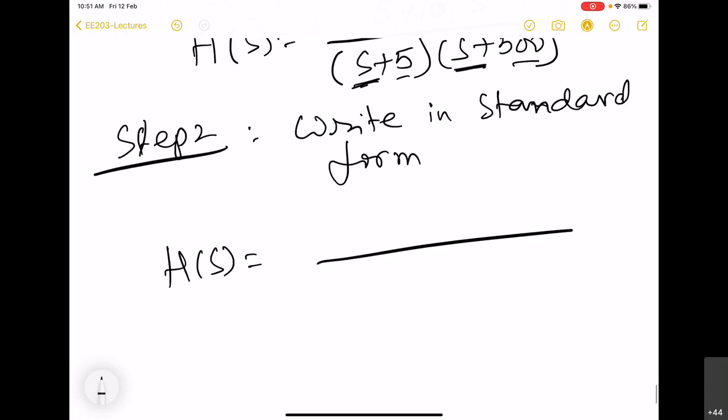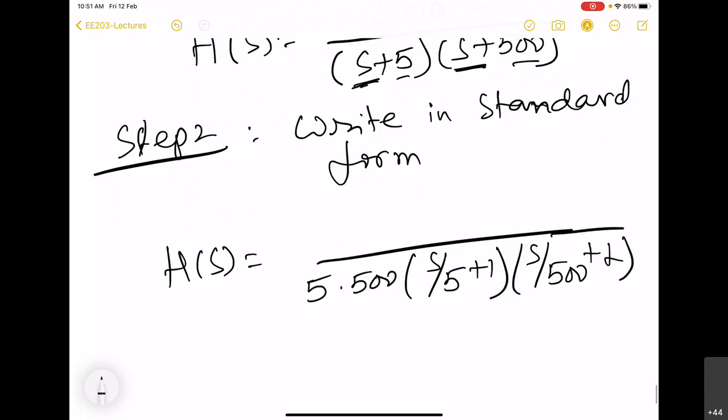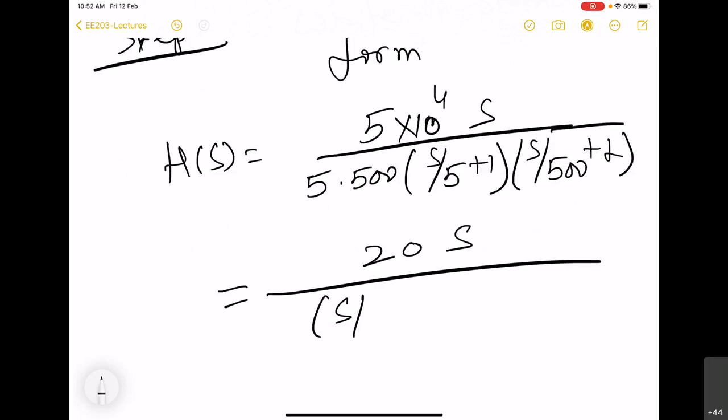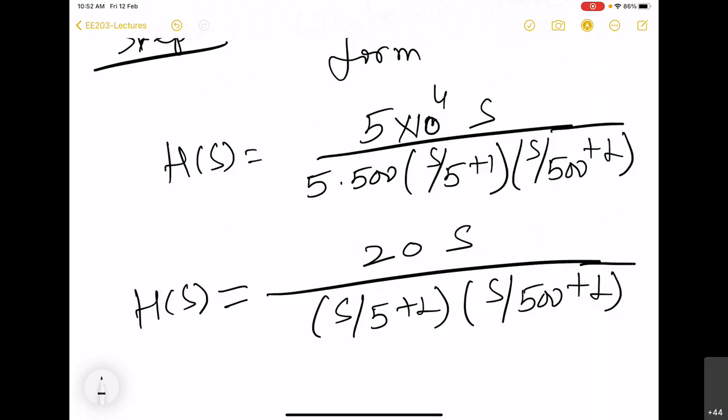So this will become 5 into 500 times (s by 5 plus 1) and (s by 500 plus 1), and numerator is 5 into 10 raised power 4 s. Right. So here this will become finally 20 s divided by (s by 5 plus 1) and (s by 500 plus 1). So this is the standard form.